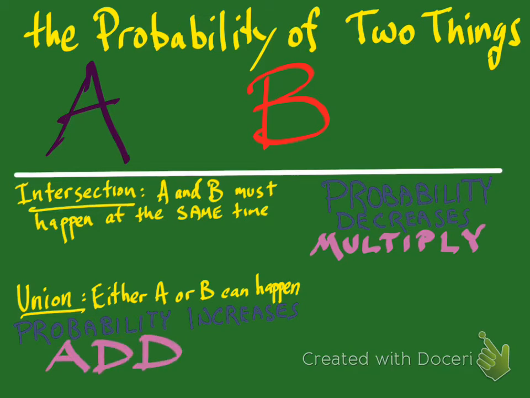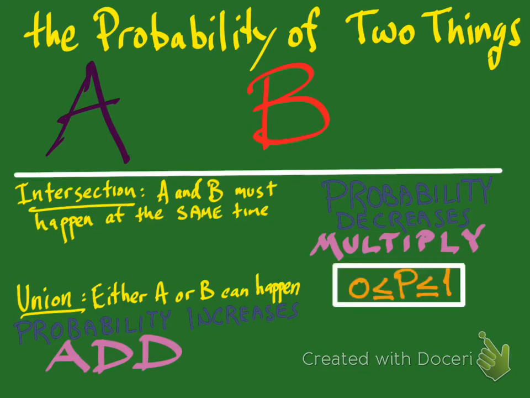If I have two probabilities, two fractions, and I add them together, my result is greater than either one of the two fractions that I started with. This is all based on the idea that probability is always a number between 0 and 1, which explains why we multiply fractions when it's A and B, when the chances are going down, and why we add those probabilities together when it's A or B, when the probability is going up.